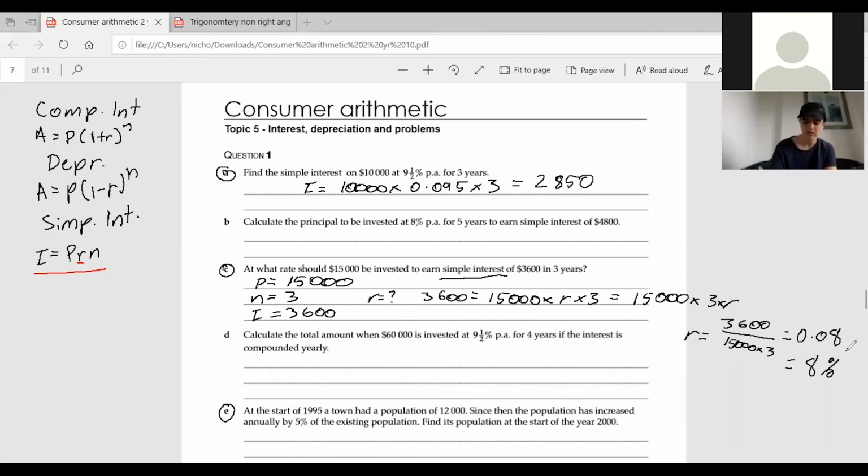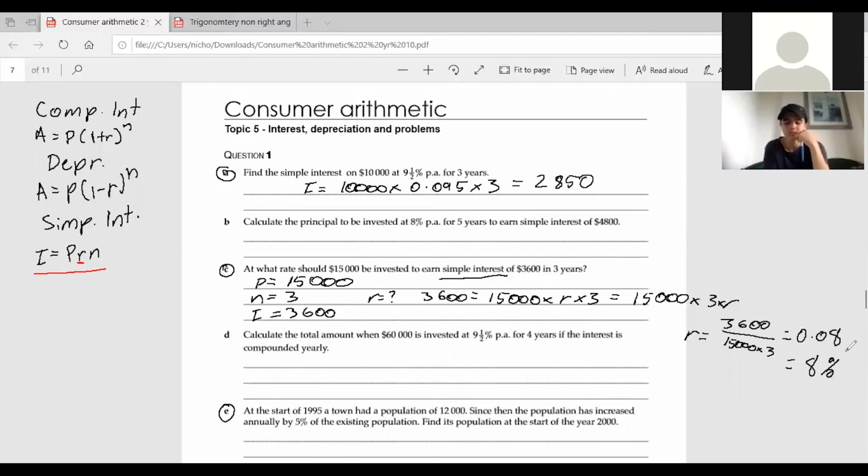So would you arrange it like 12,000? Would you rearrange it like A is equal to 12,000 bracket 1 plus 0.05 bracket to the power of 5?